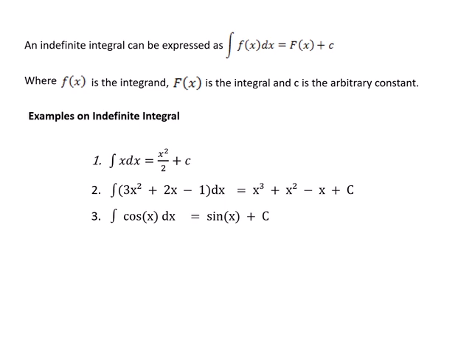That is 3s raised to power 3 divided by 3. Then the 3 at the denominator cancels out, and we are left with s raised to power 3. Then if we are integrating 2s, it is 2s raised to power 1 plus 1 all over 1 plus 1. So we have it as 2s squared all over 2. So the 2 will cancel out and we are left with s squared.